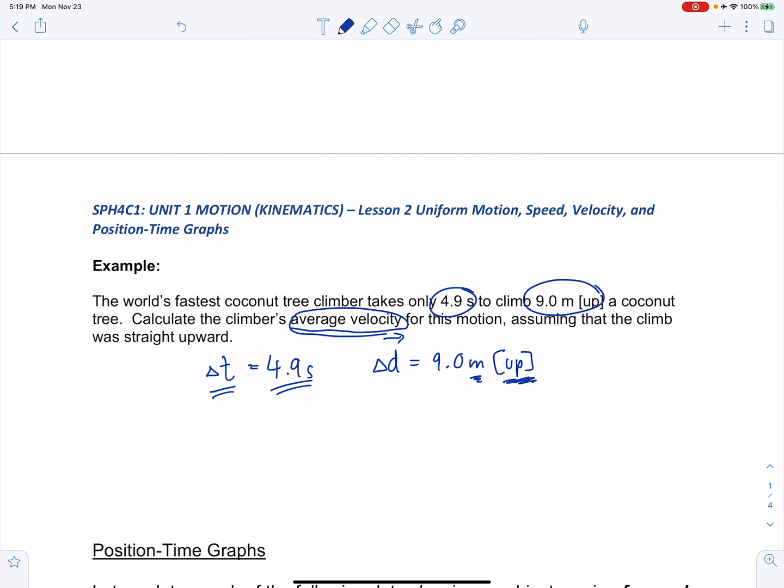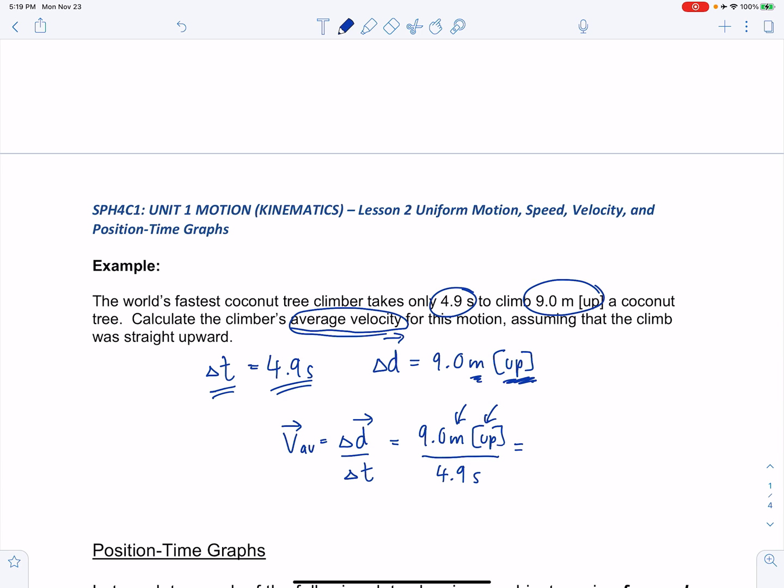So the average velocity is equal to displacement divided by time. This is the equation we just learned above. We can sub the values in. Displacement is 9 meters up. Please include both the unit and the direction divided by 4.9 seconds.